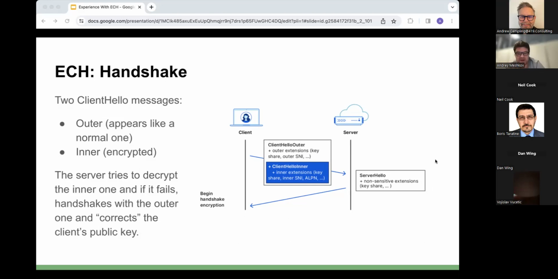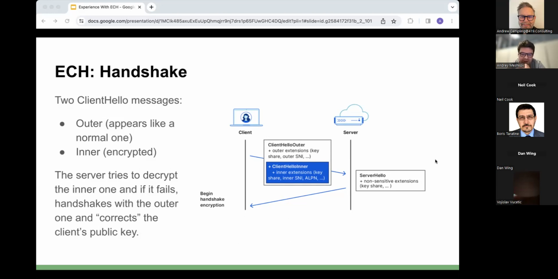The server completes the handshake with just one of them. With the inner one if the decryption succeeds, if it doesn't, with the outer one. Now, the interesting stuff begins when the server fails to decrypt the inner client hello. In this case, it won't just close the connection like we saw with ESNI.